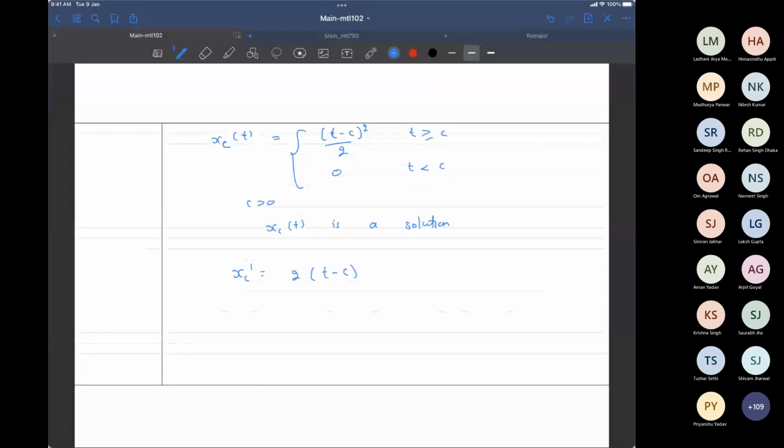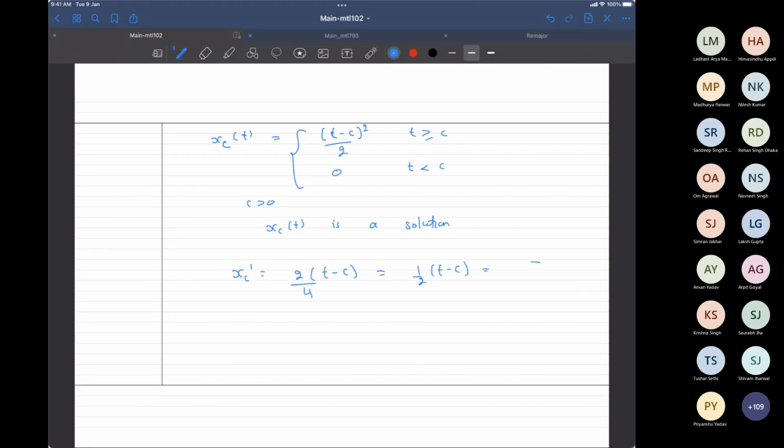Okay. So now this should be equal to square root of x. Okay. So let's try to now adjust. So square root of x. So if I put a 4 here, so it will be 2 by 4, and this will be basically half (t minus c), which will be equal to square root of x.